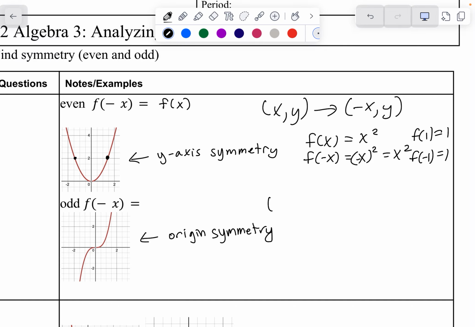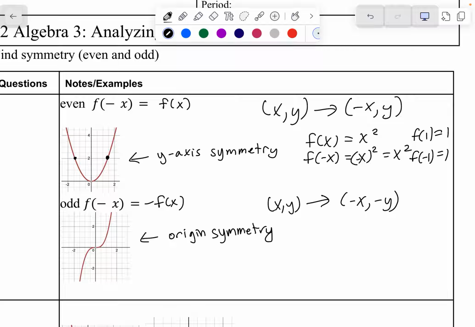So if we have the point (x, y) in an odd function, we will have the point (negative x, negative y). So the x value flips, the y value also flips. So this ends up being the opposite of f of x.